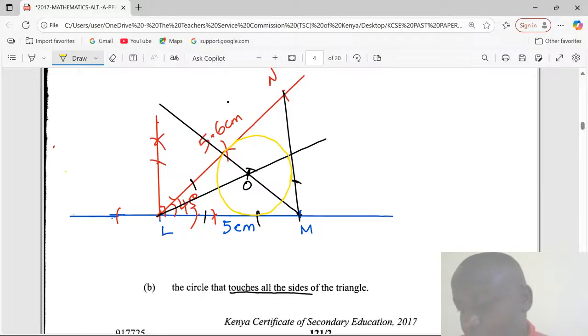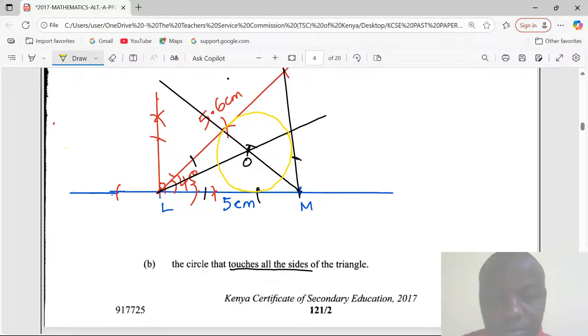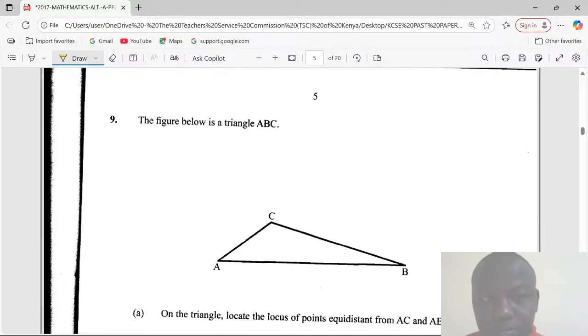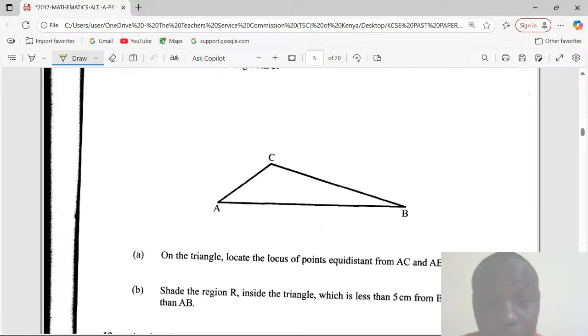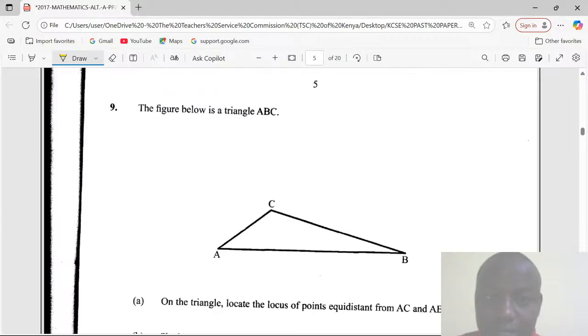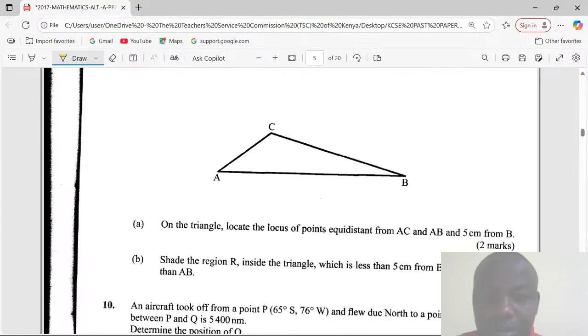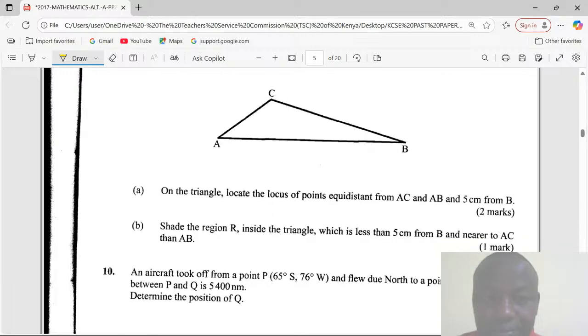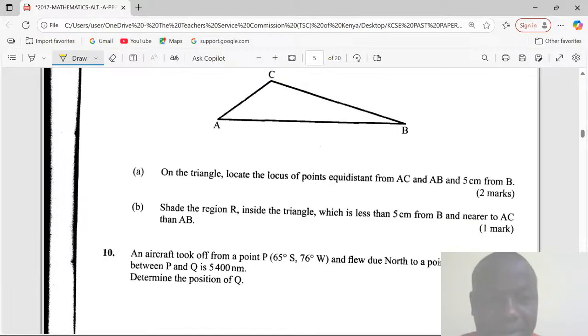The next question now. The figure below shows a triangle ABC. We can all see the triangle. Look at part A. On the triangle, locate the locus of points equidistant from AC and AB.